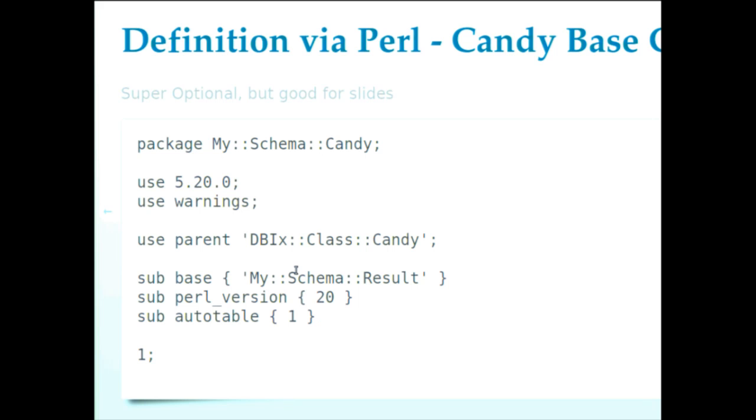That'll be more obvious when you see it. It also sets the Perl version to 20. So for example, if you import this, you will get all the features of 5.20 enabled. And then AutoTable automatically generates a table name based on your package name, which is pretty handy and again, very good for slides.